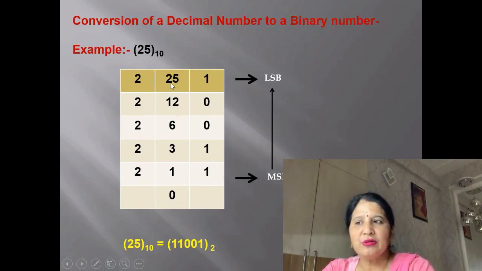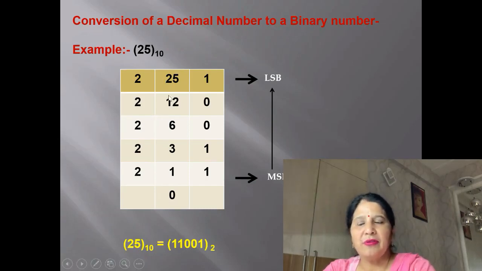If we divide, then the quotient comes 12. When we divide 25, 2 1 is 2, then 5, then 2 2 is 4, and 1 is the remainder.